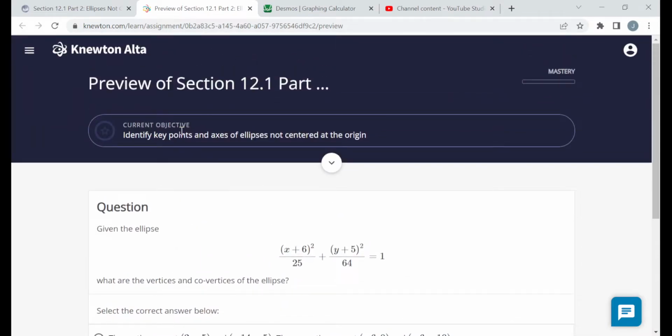So the first objective I'm looking at is identify key points and axes of ellipses not centered at the origin. In section 12.1 part 1, I went over a lot of stuff about ellipses that were centered at the origin.